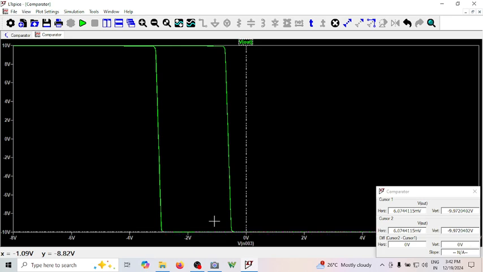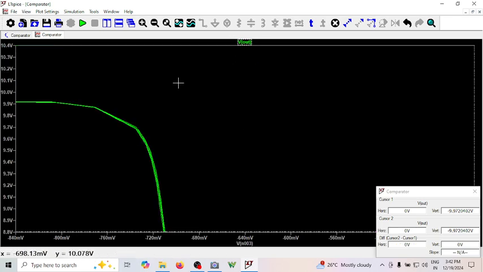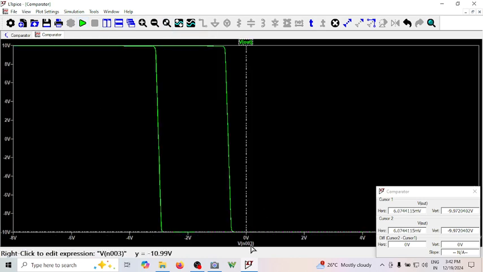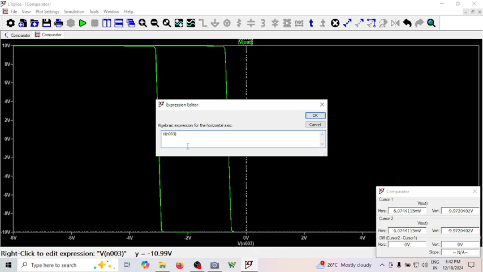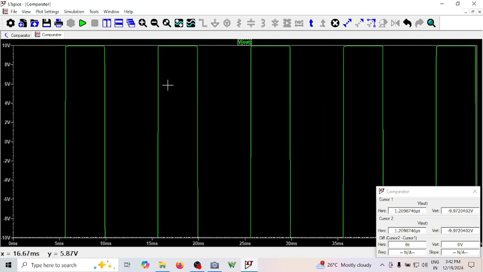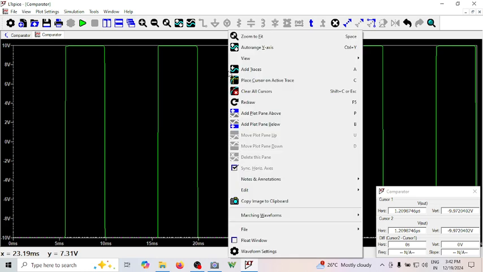Of course, the transition has started here itself, around 900 millivolts. You can make the measurement here, or if you want to see the waveform and do it, you can certainly do that. How do you do that? Go here and make this axis setting as time. The moment I make this time, you can see you have the waveform.